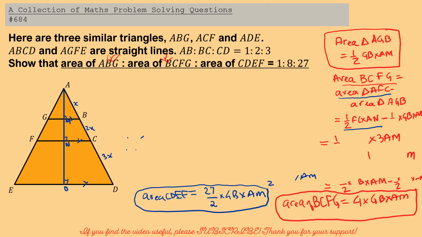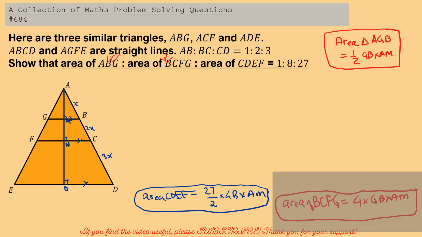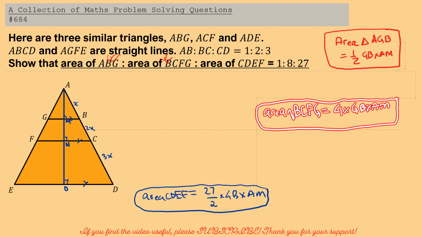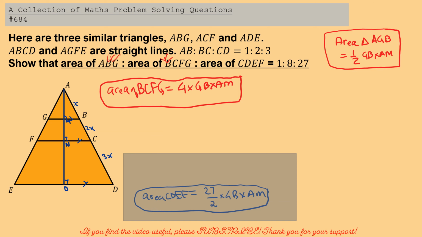Neither do we need this part. So it's easier to explain and understand. Now we got these three areas, okay? So we have got area of this and this, and we have got the area of this.